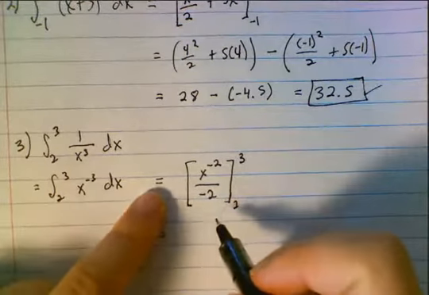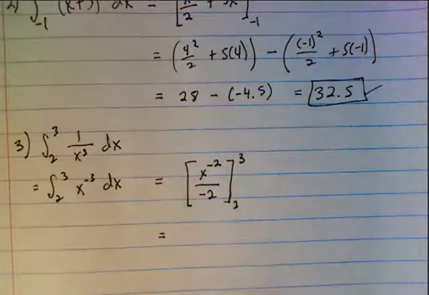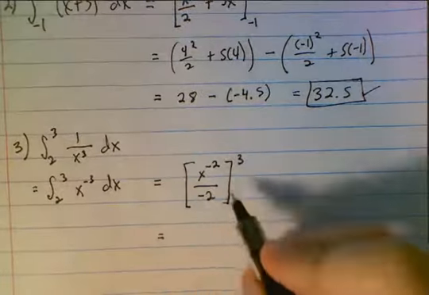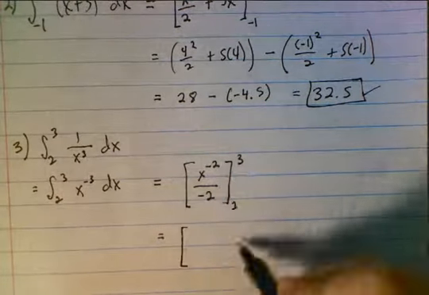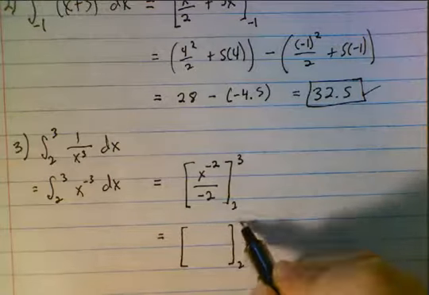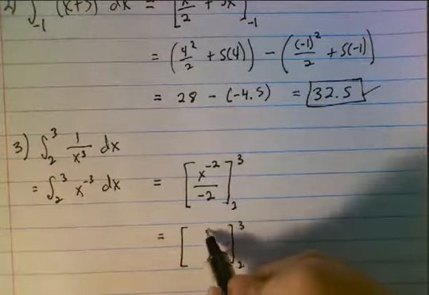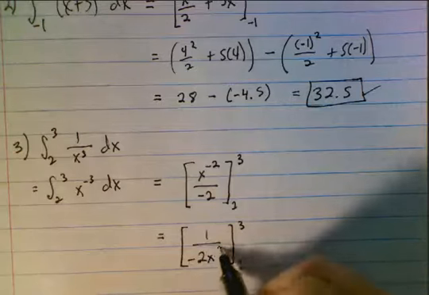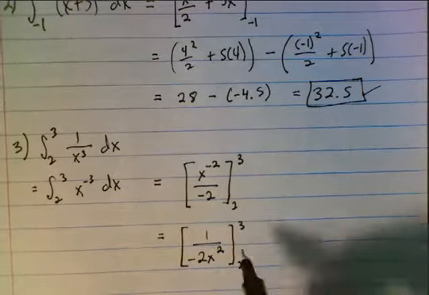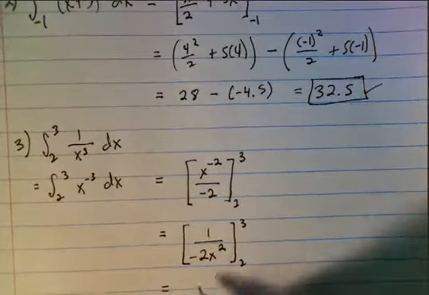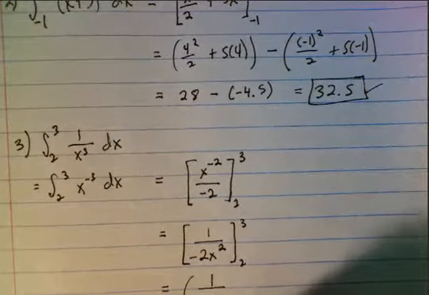Now, it's hard to evaluate numbers that have a negative exponent, so I'm going to rewrite this again. Notice I haven't done the substitution, so I still have all this. And now I'm going to put in my bounds, do that substitution.